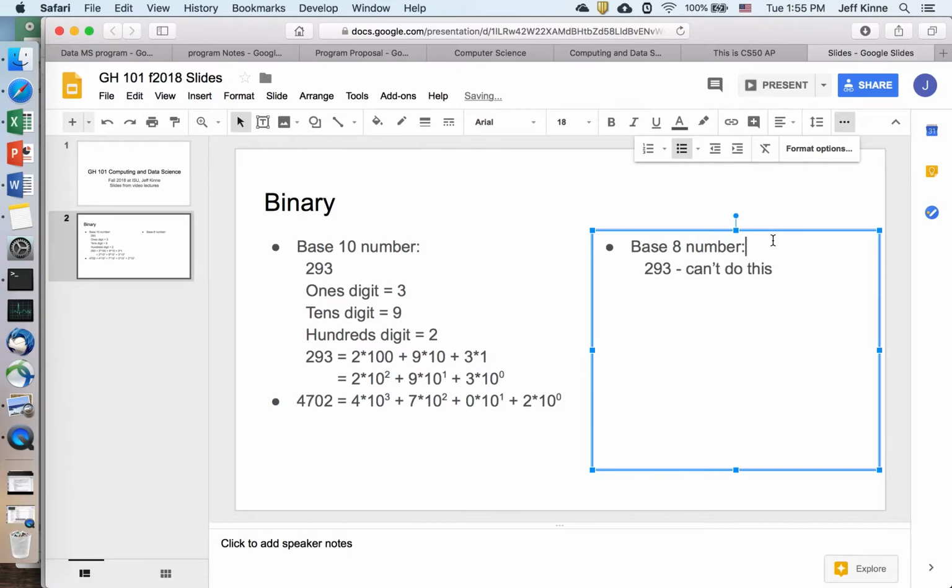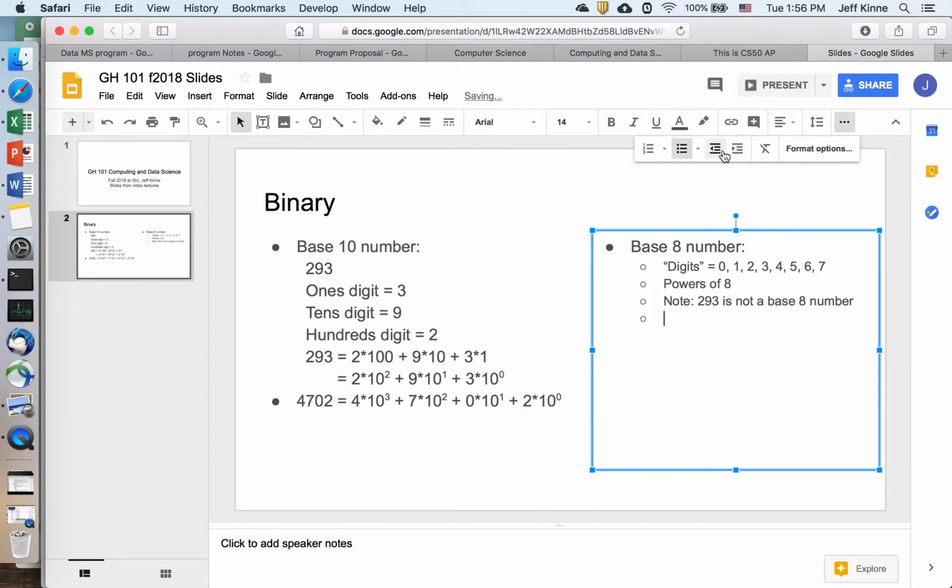What I mean by base 8 number is, the rules will be, the digits are 0, 1, 2, 3, 4, 5, 6, and 7. There's 8 of them, so you're up to 7. And we do powers of 8. So we'll note that 293 is not a base 8 number. We can't think of it as a base 8 number because that 9 is not allowed.